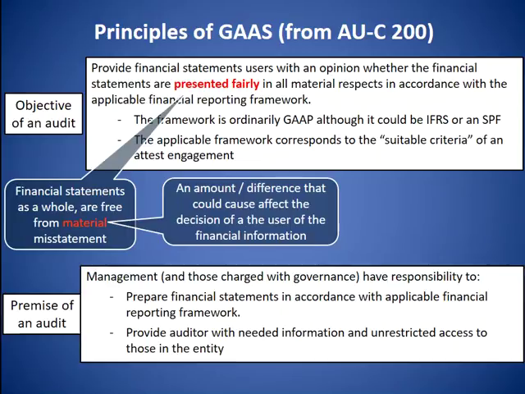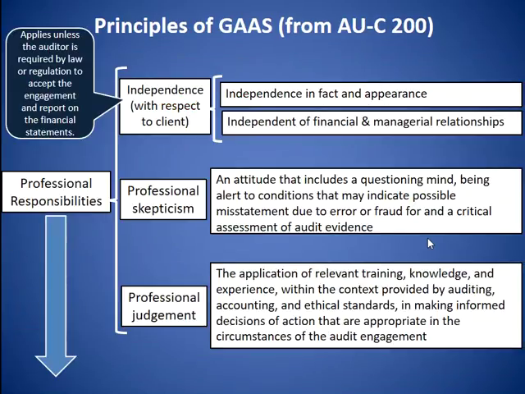If the auditor is not able to obtain the needed information or has restricted access, the auditor is not going to necessarily be able to accumulate the evidence that needs to be accumulated. Now, again, from the principles of generally accepted auditing standards, this standard called AUC 200.